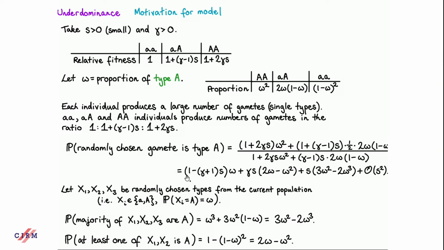So first of all, with probability 1 minus gamma plus 1 times S, we'll just have a neutral reproduction event.